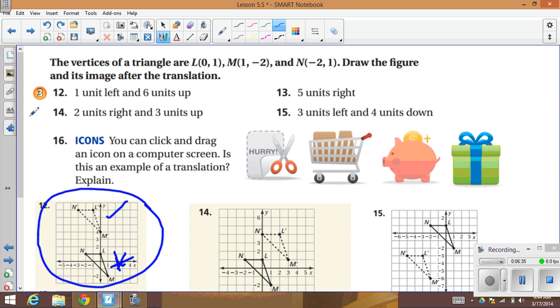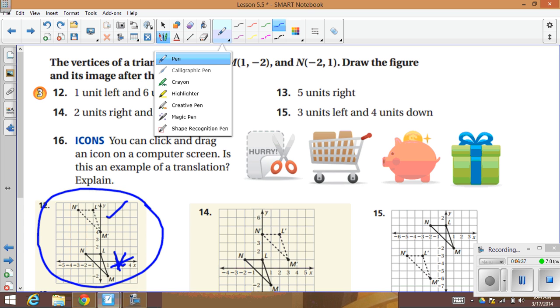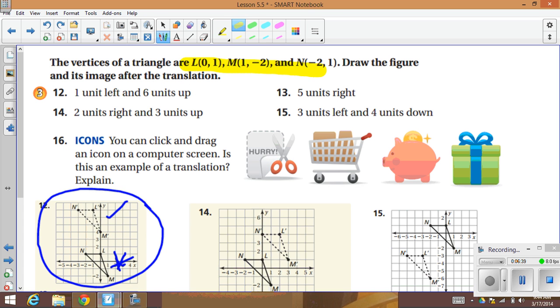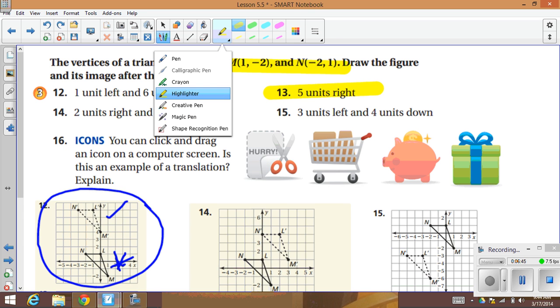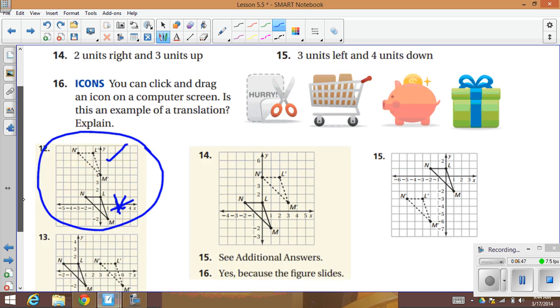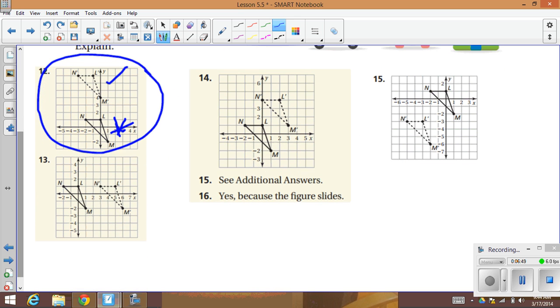We're going to graph this original shape again, and this time we're going to go 5 units to the right. So here's 13. I know this shape here is the original, and this here is the translation.